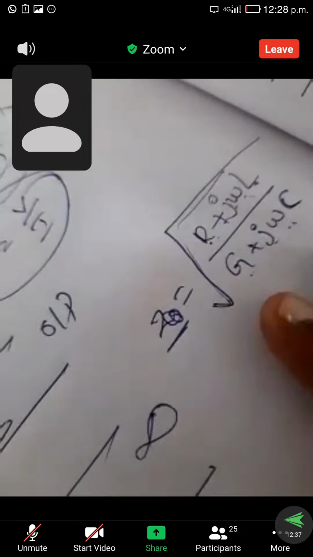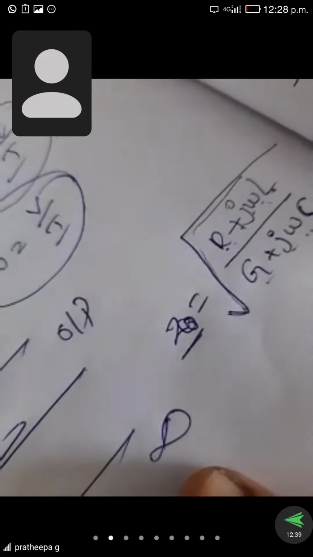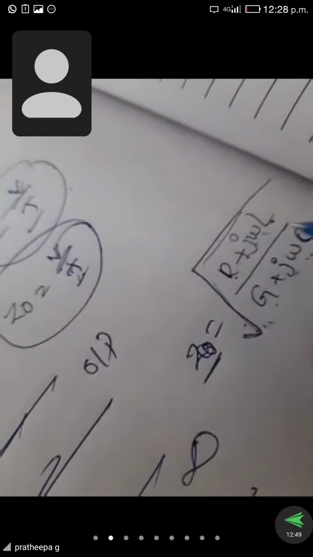So this one clear? What is Z0? Z0, simply V by I, in terms of primary constants is the square root of R plus j omega L by G plus j omega C.